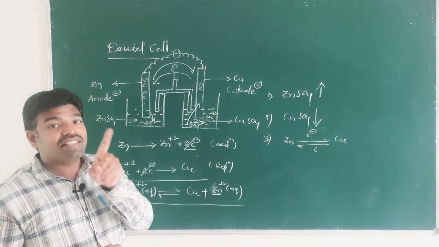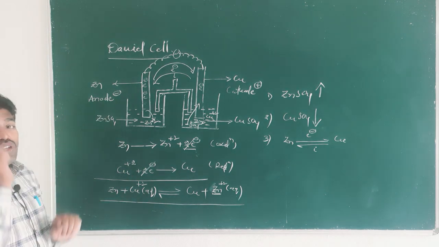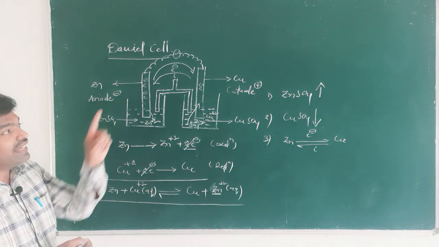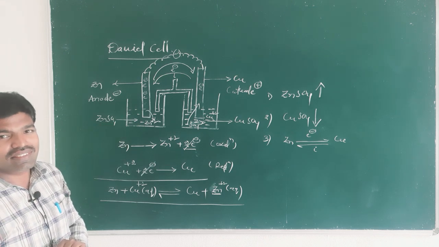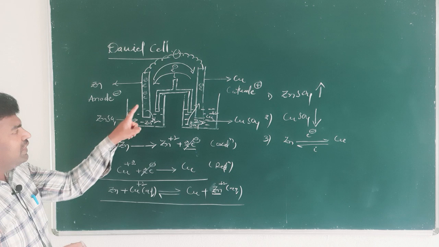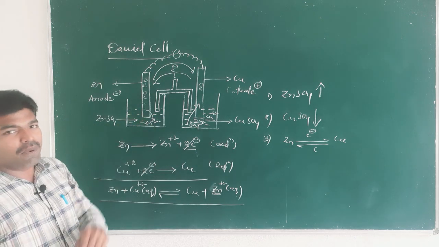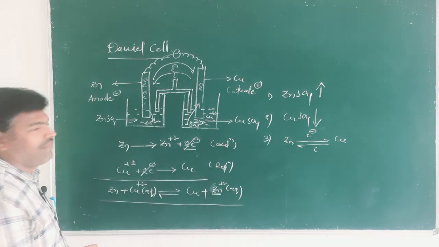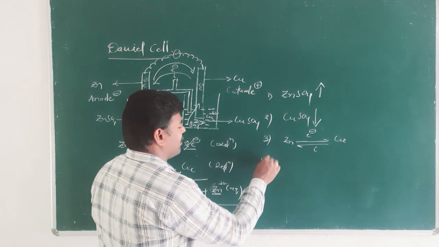But whereas in the electrolytic cell, anode means positively charged electrode, cathode means negatively charged electrode, right? So here there exists an oxidation potential and a reduction potential, and the EMF is there for this cell.